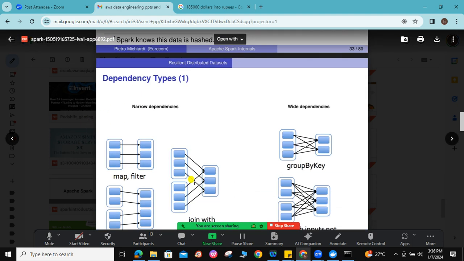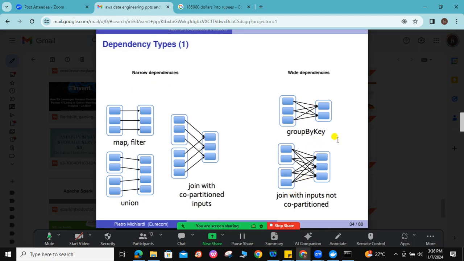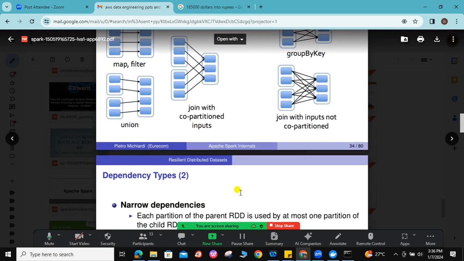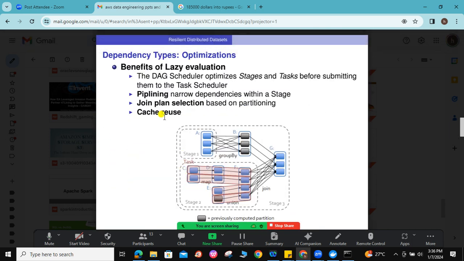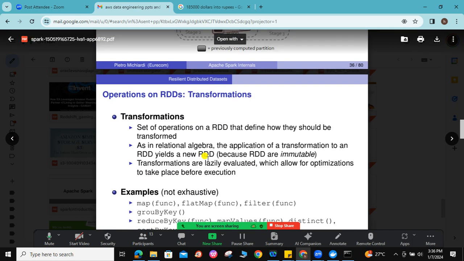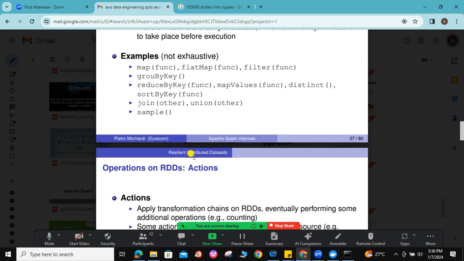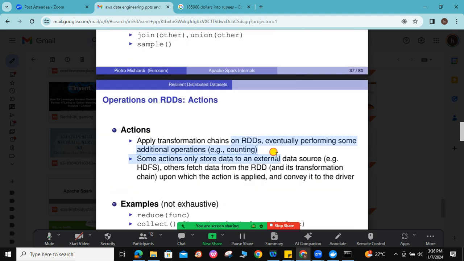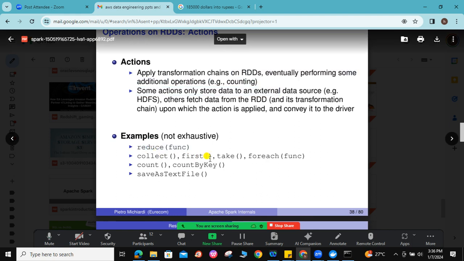Okay. So you know already narrow wide dependency, you can see. Group by key, joins also. Narrow wide. Lazy evaluation, just now I told you about lazy evaluation. Same thing, it's showing. So once you read this PPT, you will understand based on actions, you know. Okay, so all these are actions: reduce, collect, first, take.